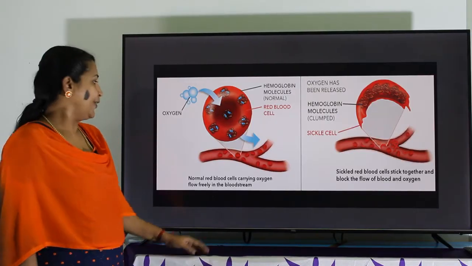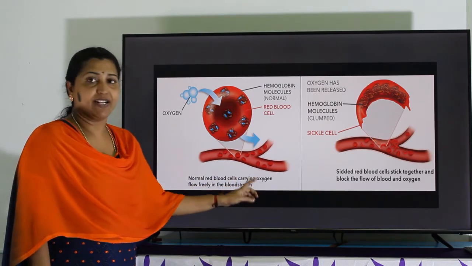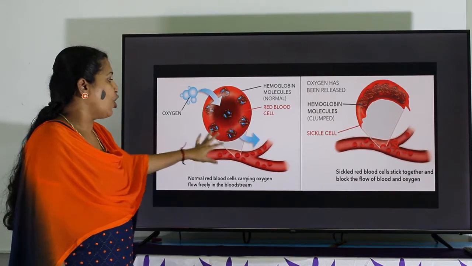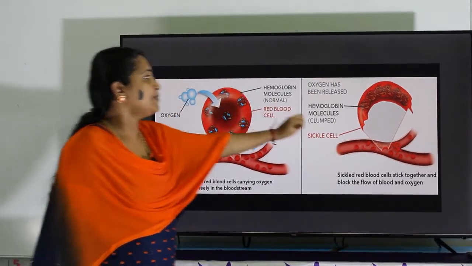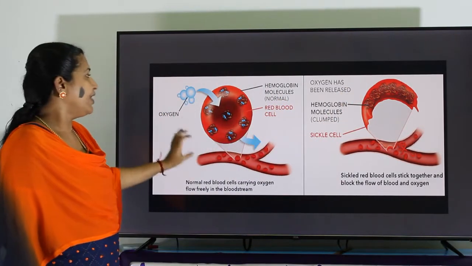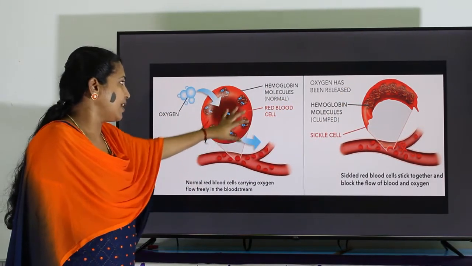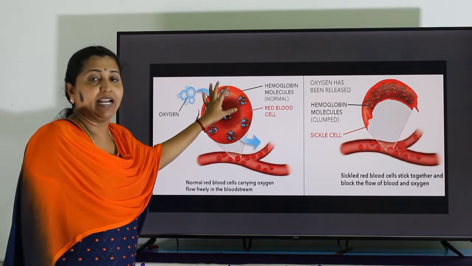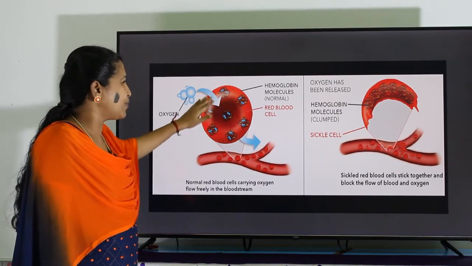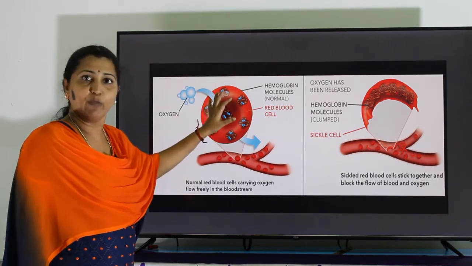Diagram showing the normal red blood cell as well as the sickle shaped red blood cell. This picture shows the normal red blood cell, and this picture shows the sickle shaped RBC. Normal RBCs are biconcave in shape and have a large surface area so that they can transport more oxygen to our body cells.